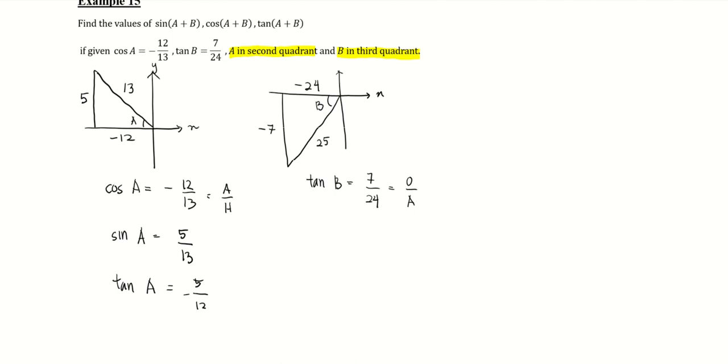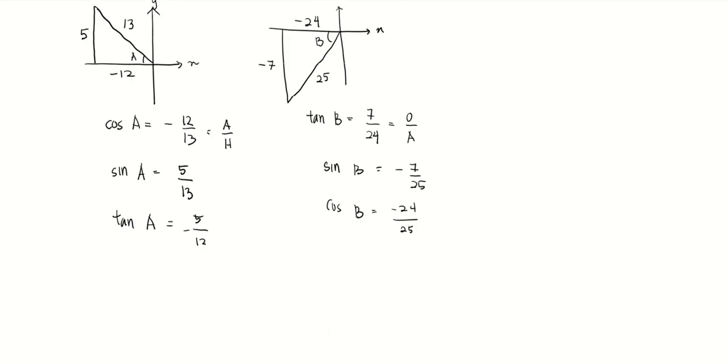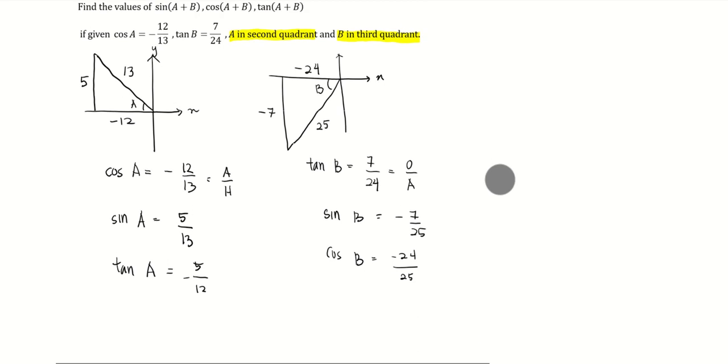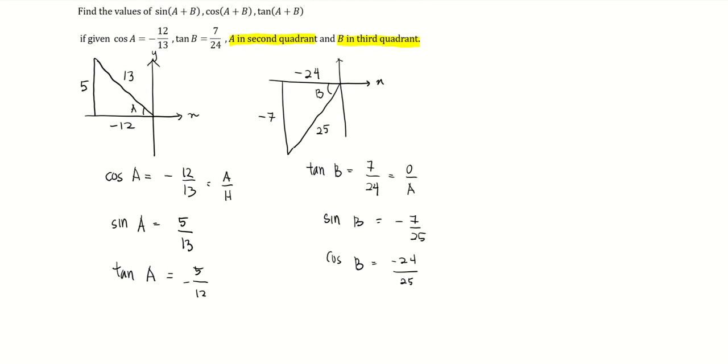So that is for A. For B, sine B is opposite over hypotenuse, so negative 7 over 25, and cos B is adjacent over hypotenuse, negative 24 over 25. Right, so we already have all the ratios, so we can find what the question asks.